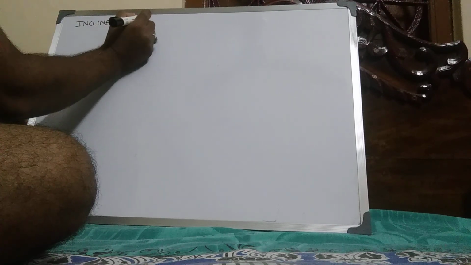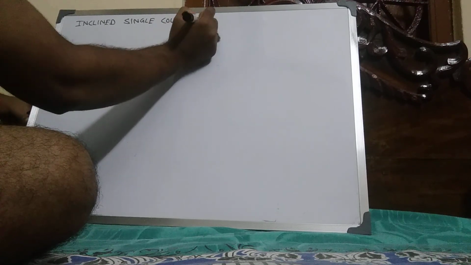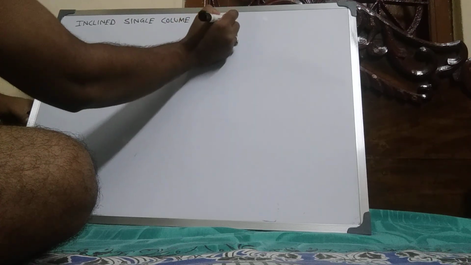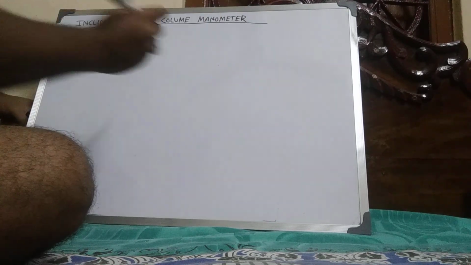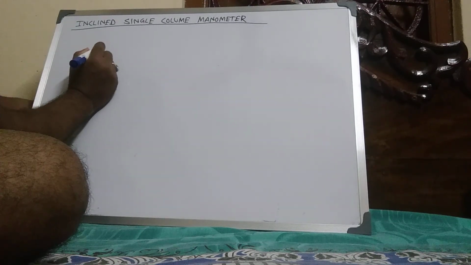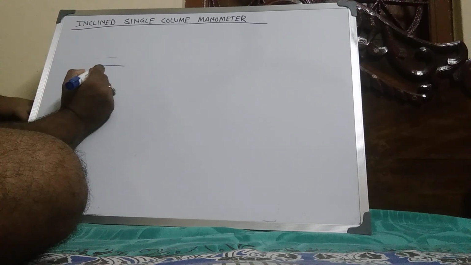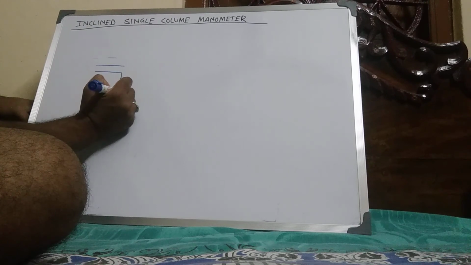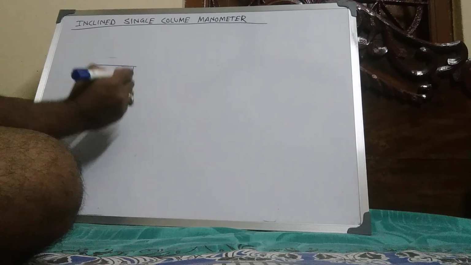Next one, the inclined single column manometer. Suppose the limb length is the same as the single column manometer.